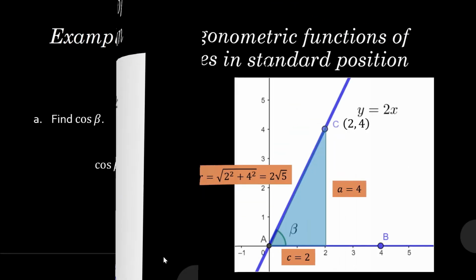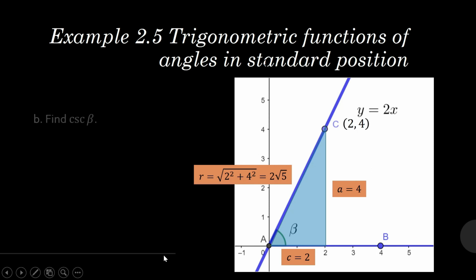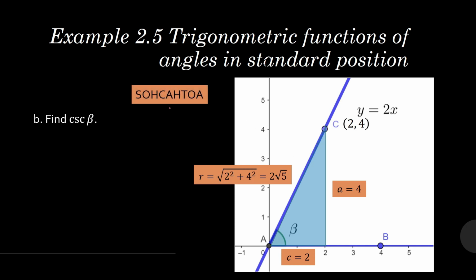What about cosecant of beta? What do we know about the cosecant function? The cosecant function is the reciprocal of the sine function. So let us first compute for sine of beta. Sine of beta is equal to the side opposite. This is your beta. The side that is opposite to beta is 4.